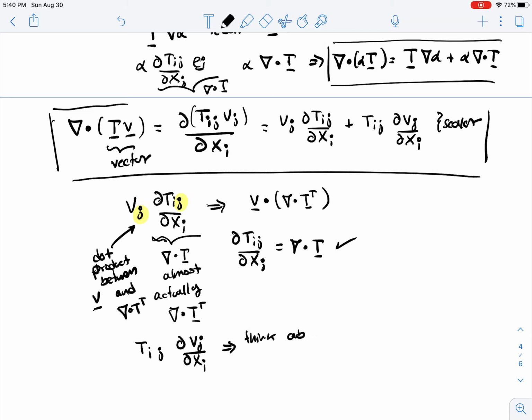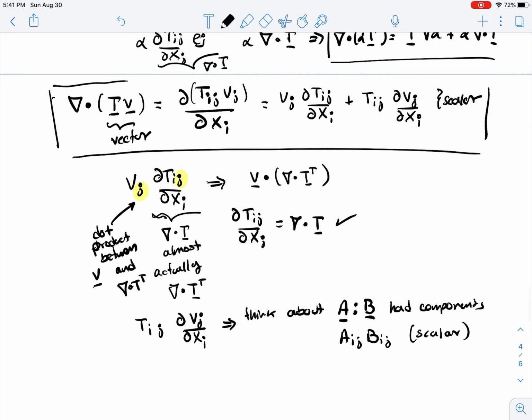So this should make you think about A double dot with B, right? Which we said had components Aij, Bij, so this was a scalar, obtained by summing basically the pairwise product of the entries of the tensors A and B.